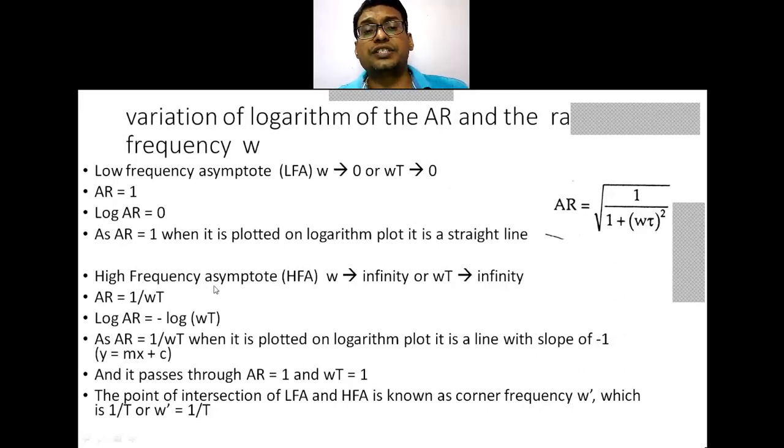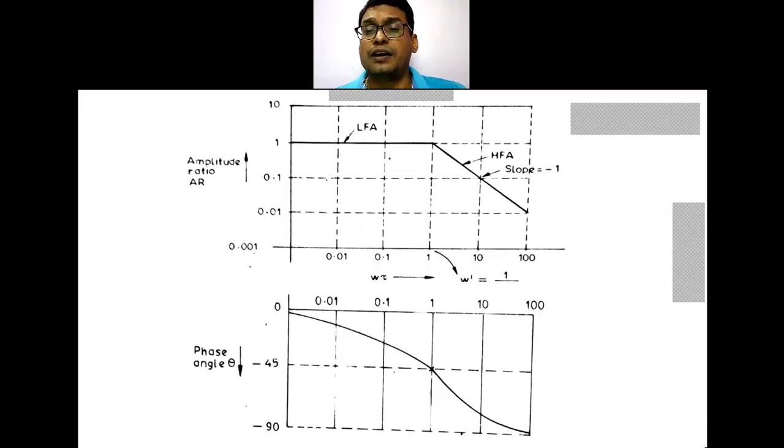Then next is the high frequency asymptote. This is for the higher values of omega, that means 10, 100, 1000, 10,000, 1 lakh and so on. So the values become higher.